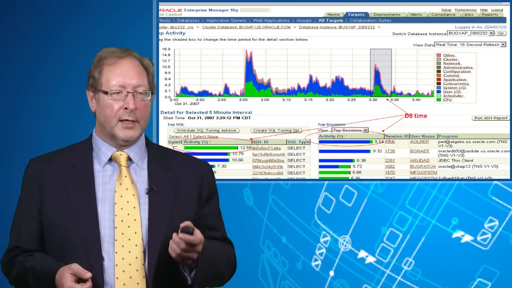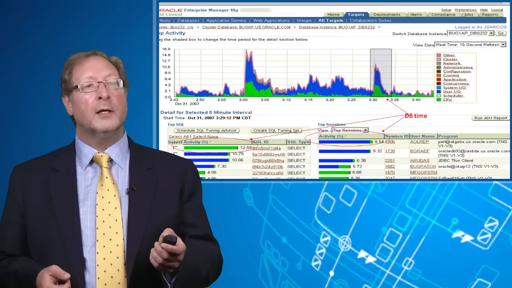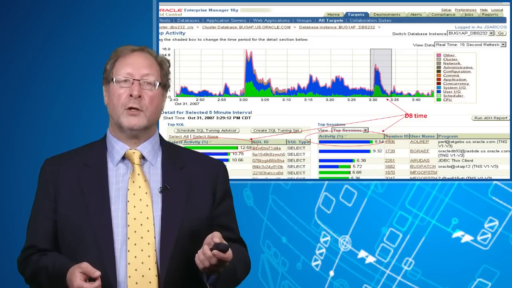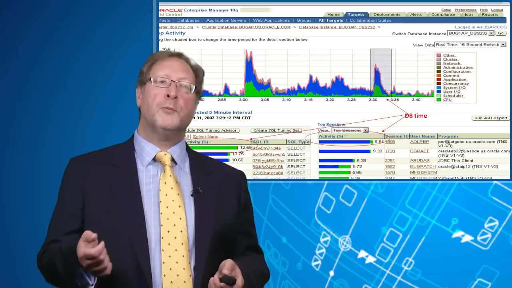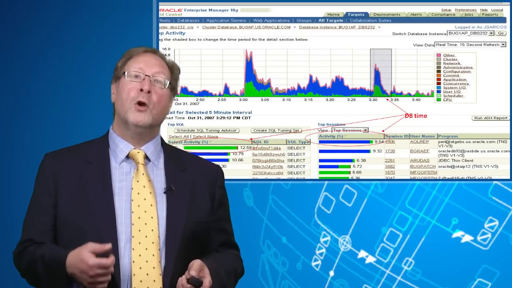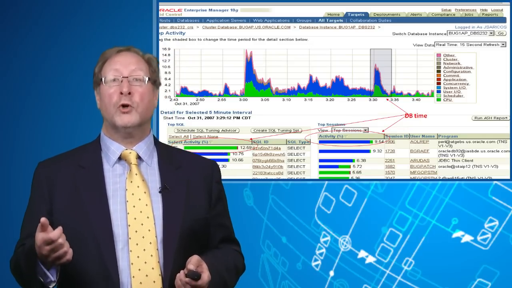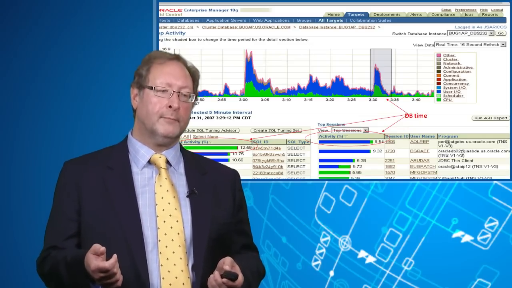Most of the SQL that is coming up as being high load is actually I/O bound. So we see lots of blue there. We know that for this period of time, we were actually trying to utilize more CPU than we had on the machine.